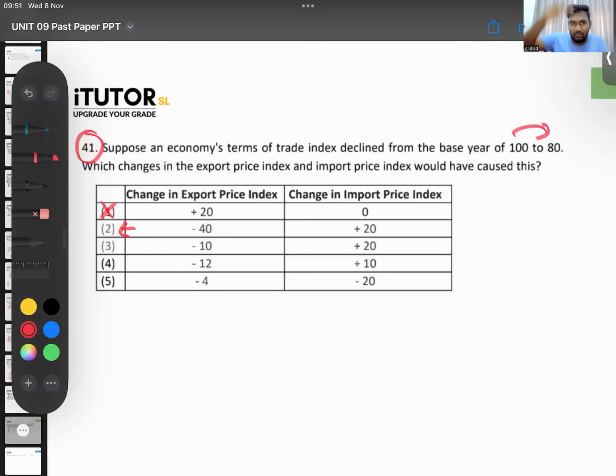TOT can fall. Denominator has increased, numerator has fallen. Can be. Fourth one, this has fallen by 12%, this has increased by 10%. Can be. This has fallen by 4, this has fallen by 20. If this has fallen, then it will increase. This has fallen more, right? So 2, 3, and 4 are your possible answers for TOT to come down.